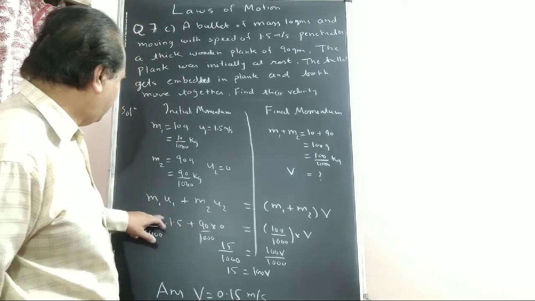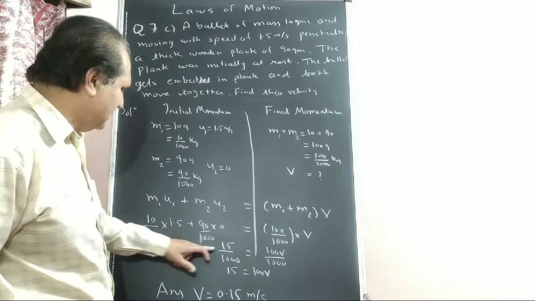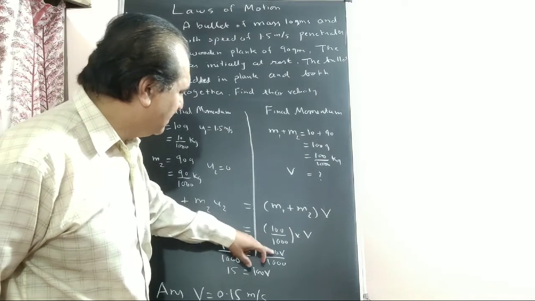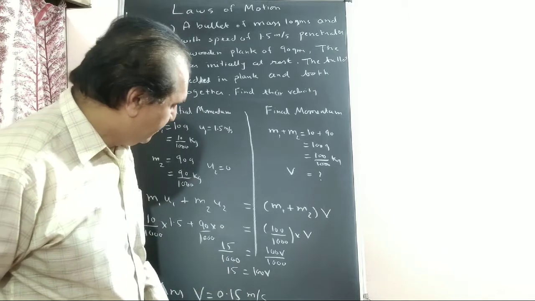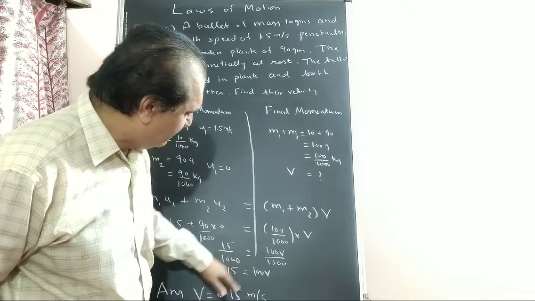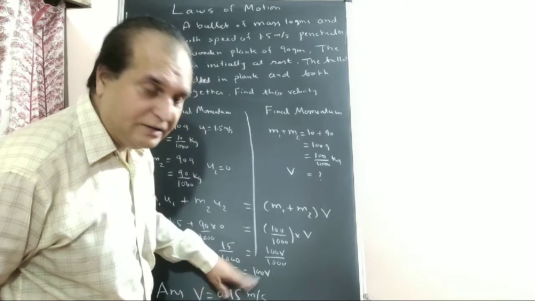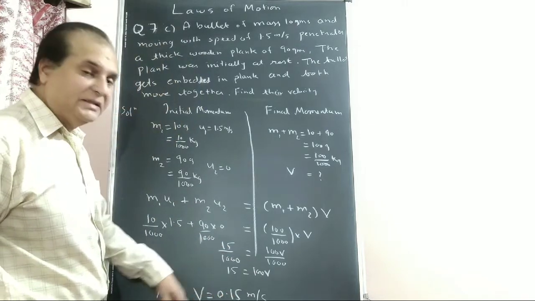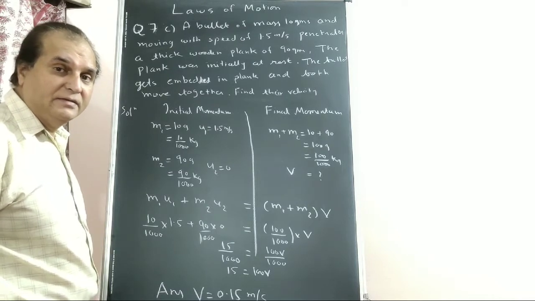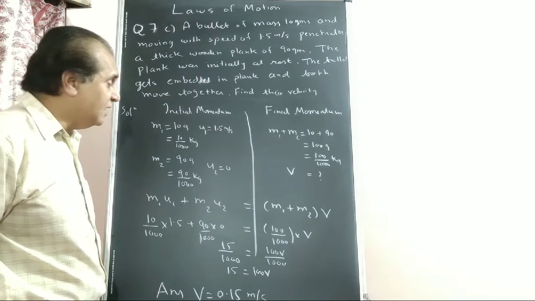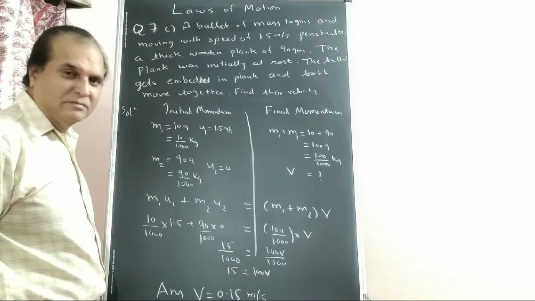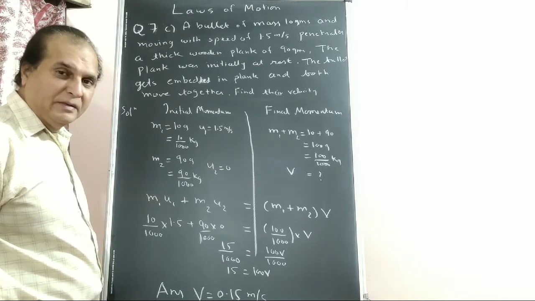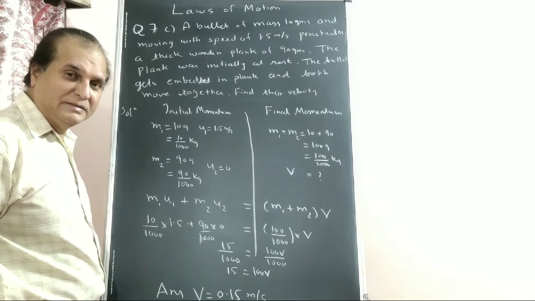So 10 into 1.5 is 15 upon 1000, equal to 100 V upon 1000. The 1000 is a common denominator, cut. So 15 equal to 100 V, 100 shifting down. 15 upon 100 is V, which is 0.15 in decimal. Meter per second is the answer. Understood? Momentum. Getting it?